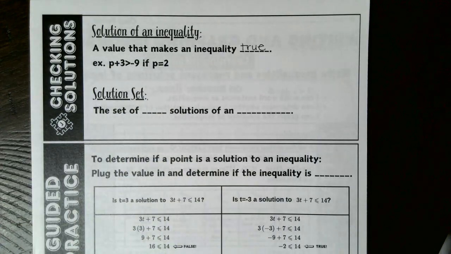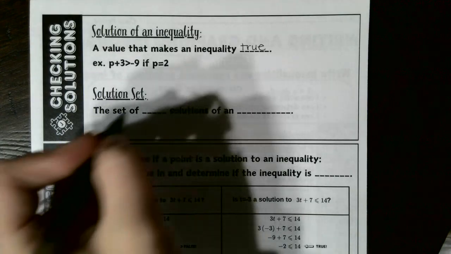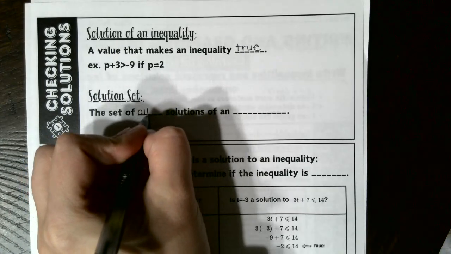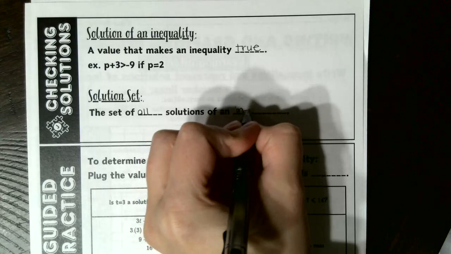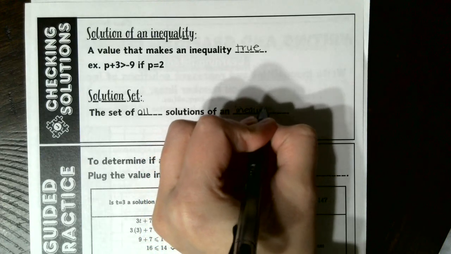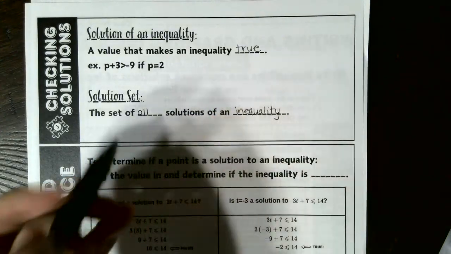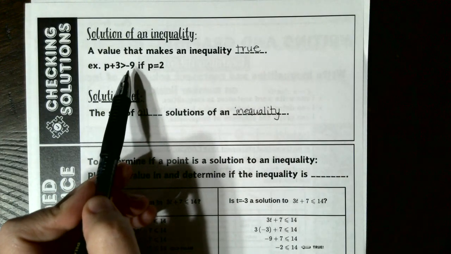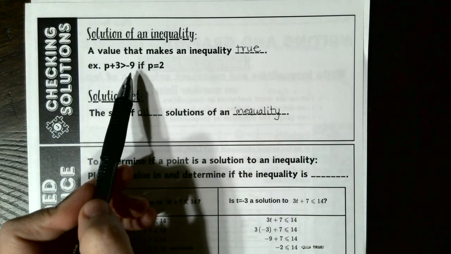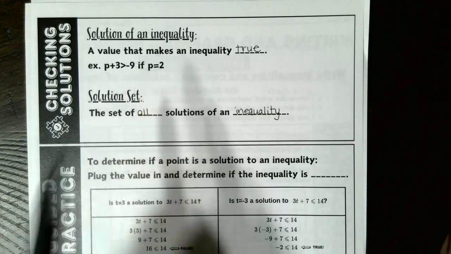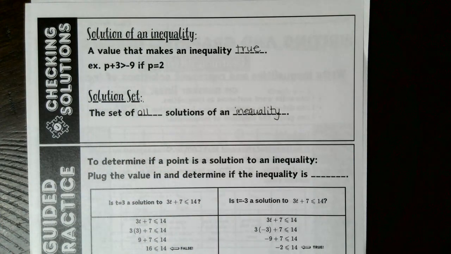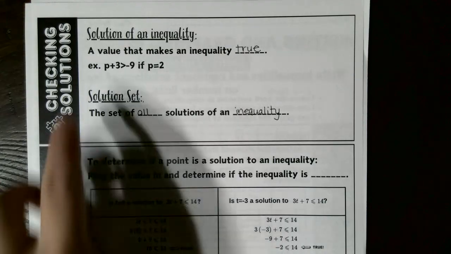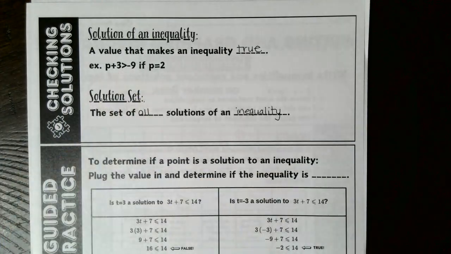Okay, so what is the solution set? The solution set is all solutions of an inequality. Back to this one, if p plus 3 is greater than -9, I know for sure that anything that is a higher value than -9 would be able to be on this side. I could write out all of those answers.